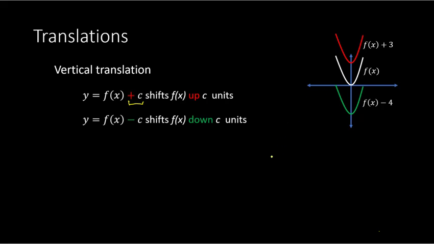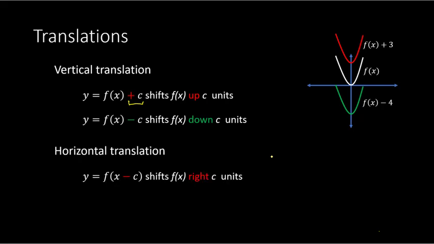So there are vertical translations. We also have horizontal translations. A horizontal translation is determined by a number in parentheses. So instead of f of x, we now have f of x minus a number in parentheses, or it could be plus a number. This is a little counterintuitive, because a negative number in the parentheses actually moves it in the positive direction horizontally.